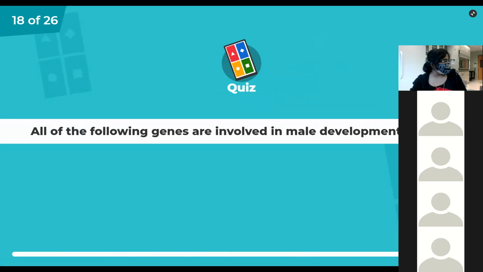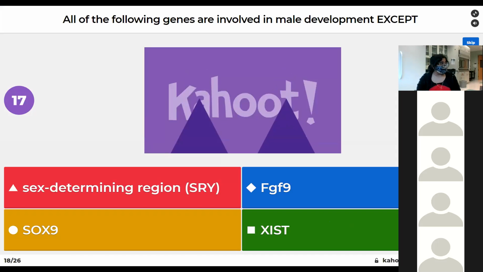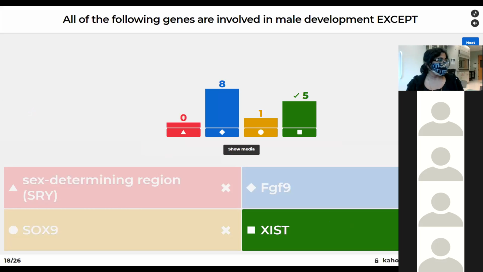All of the following genes are involved in male development except. Oh, okay. So we know these two, this one is definitely there.